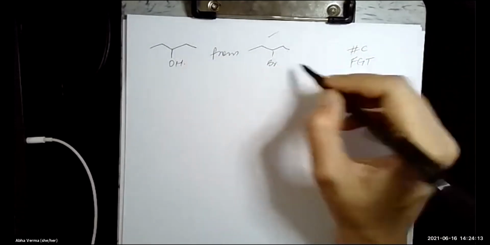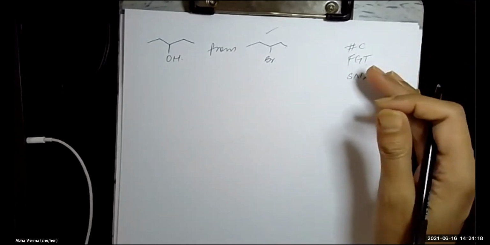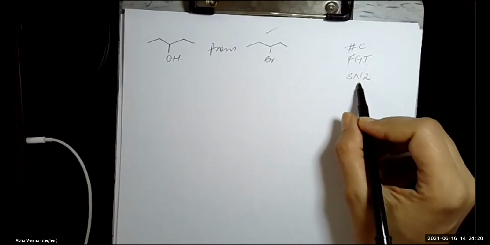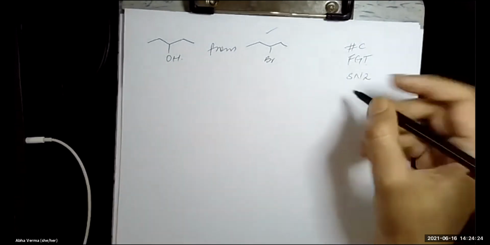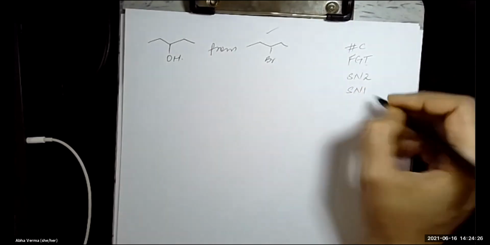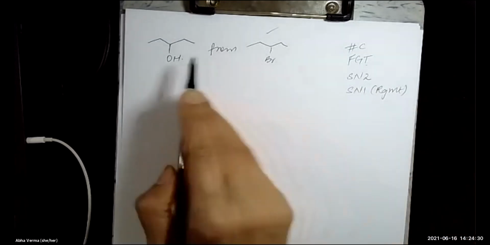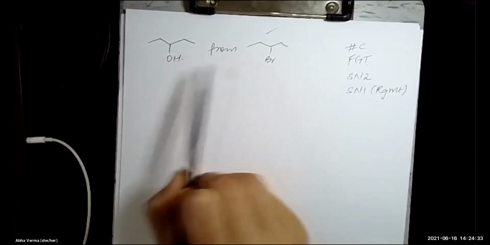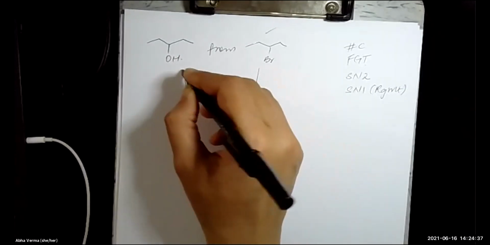Because there is no rearrangement and SN2 is usually the faster substitution, you should pay attention to an SN2. You can also go with SN1, but SN1 will give you rearranged products. This is not a rearranged product, so I will stick to SN2. So what do I need to make here?